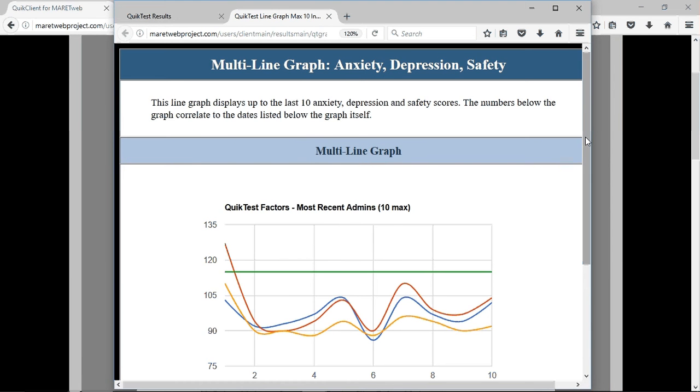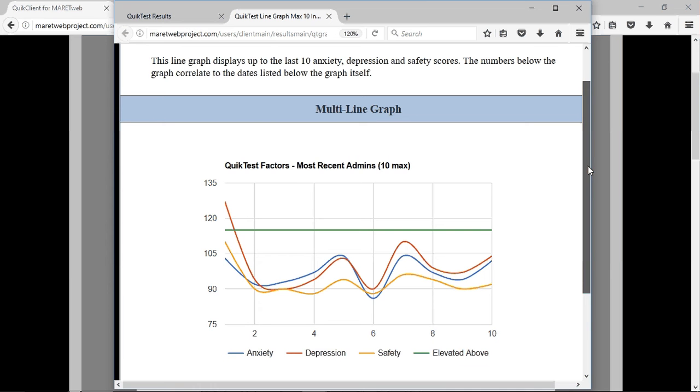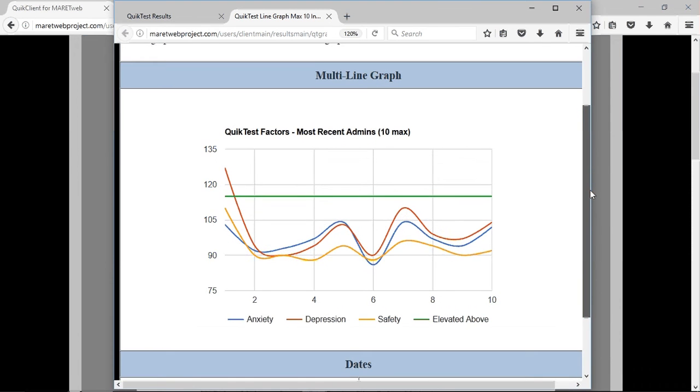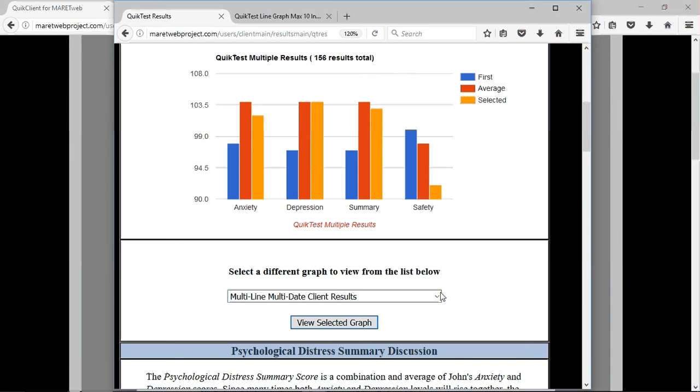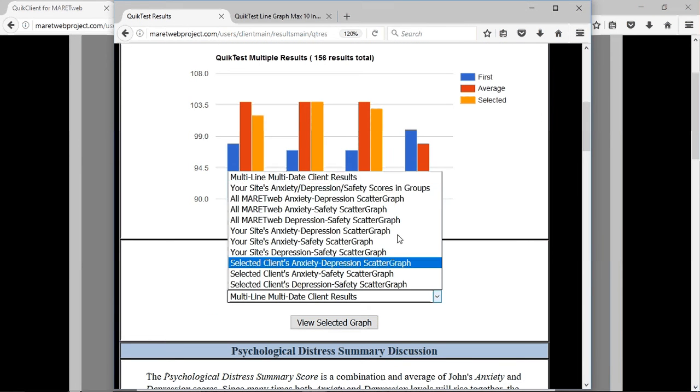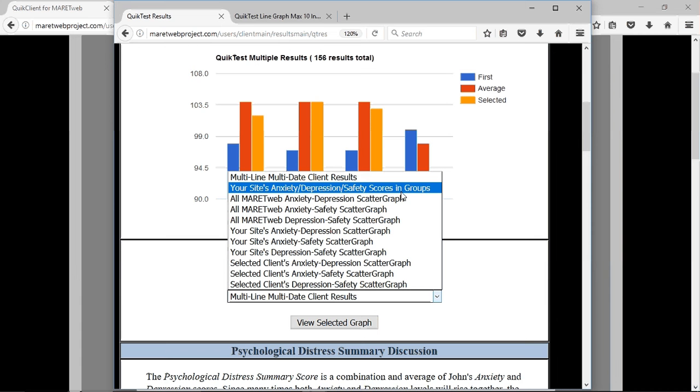Depending on how many uses you have, this nice little graph. But the second one down on the list now is something that someone asked me for. This is your site's anxiety, depression, safety scores for everybody in your QuikTest database. Put in groups.